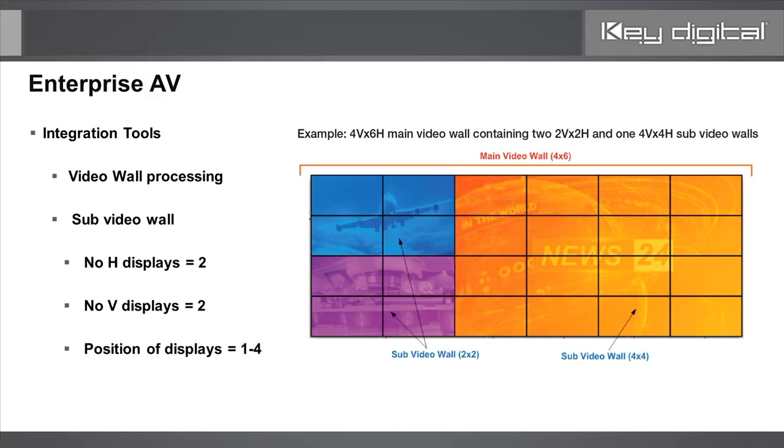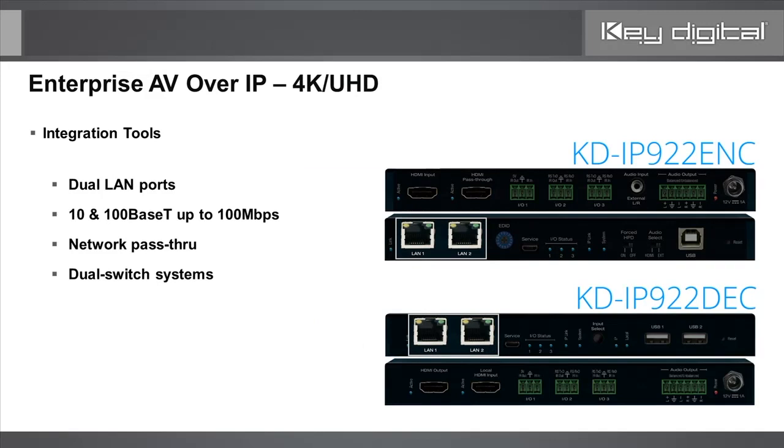And then as we assign each display's sub-video wall settings, if that is something you need, they would be 2x2 in the case of these blue and purple subsections, 2x2, and the ID would be 1 through 4. Makes it very easy to control using the KeyDigital app or compass control. You could just drag your finger in fact, drag your finger to control the video wall.